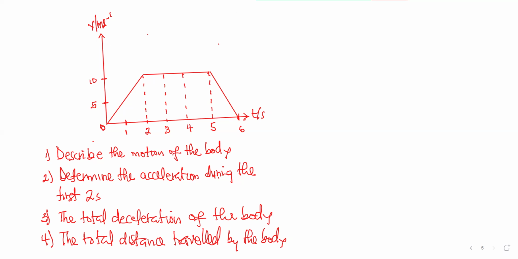Ken, I'm listening. I said the body accelerates uniformly from rest to a velocity of 5 meters per second square. Is it the body accelerates uniformly to rest or from rest? From rest, to a velocity of 5 meters per second square.